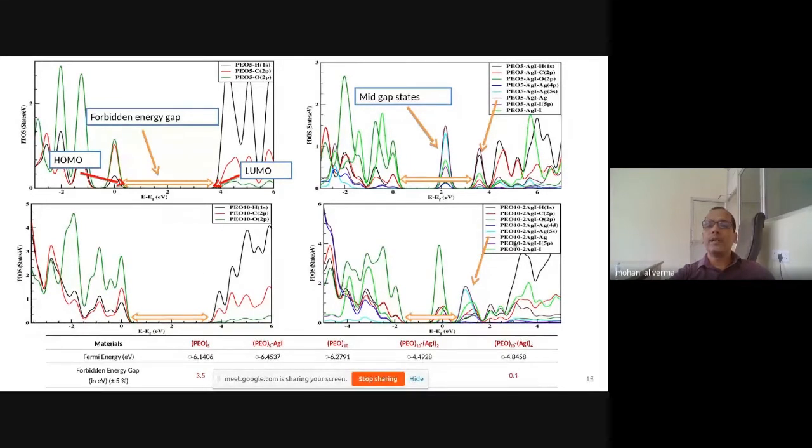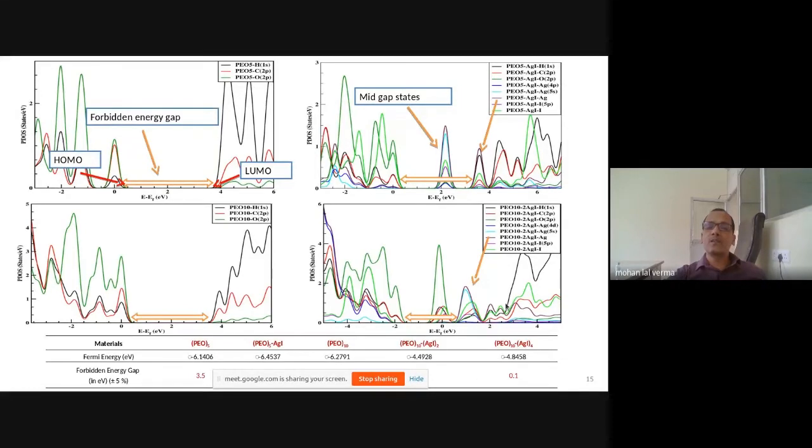When we dope silver iodide, then the same effect is observed, but what we observe here is the change in its Fermi energy level, as well as the forbidden energy gap decreasing as we go from this diagram to this. When we have 4 molecules of silver iodide doped, then the band gap is reduced up to 0.1 electron volt.